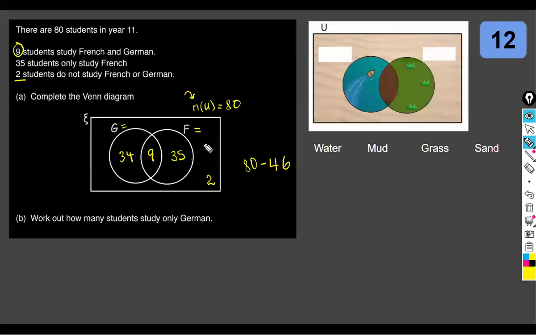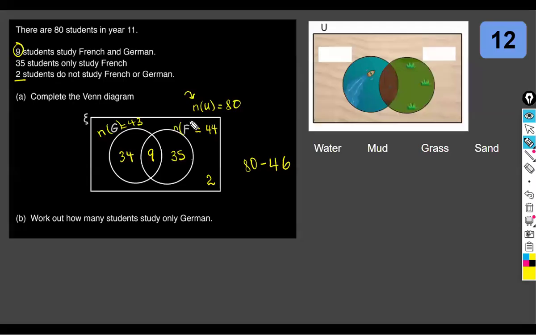Everyone add the 9 and 35. I think you'll get 44. And for the German, if you put in a value outside, the German is the 34 and 9. 34 plus 9 is 43. And of course, you have to put the letter N as discussed last week and the week before.